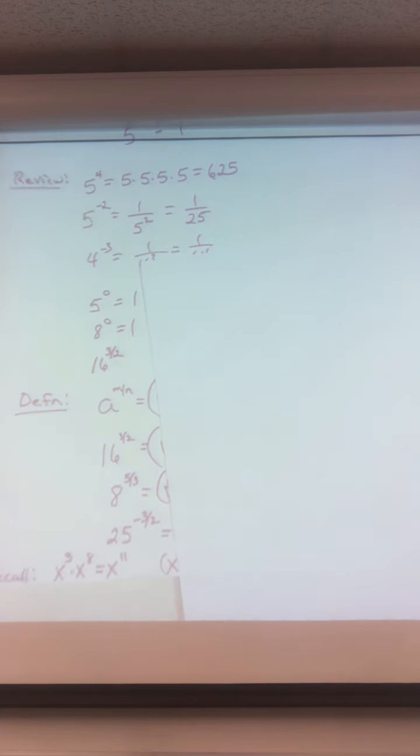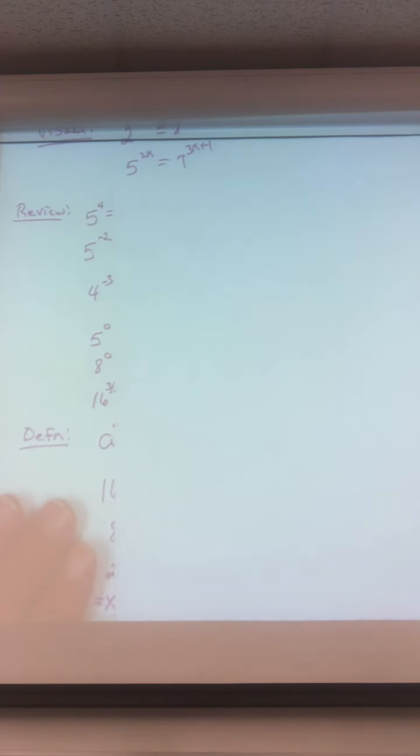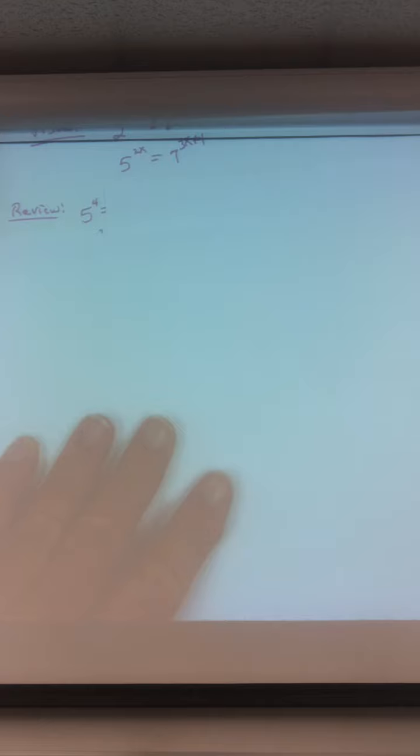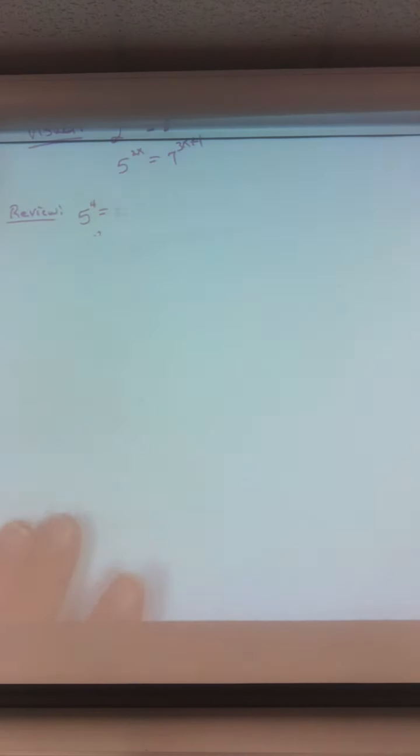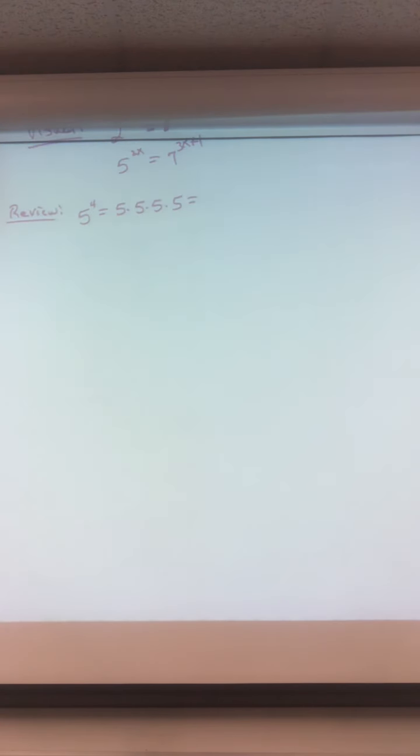So, let's start out. Look at this first one right here, 5 to the 4th power. Remember, 5 to the 4th power simply means 5 times itself 4 times. Second thing you need to be reminded of: if you have a negative exponent, that does not make your answer negative.